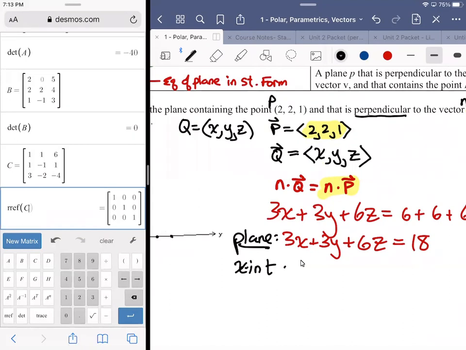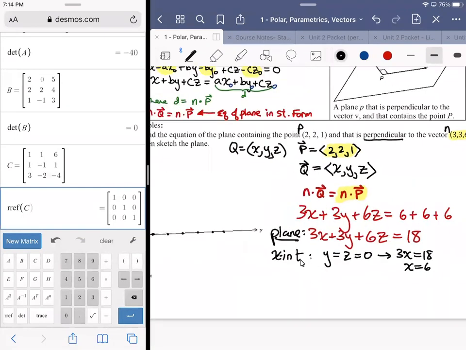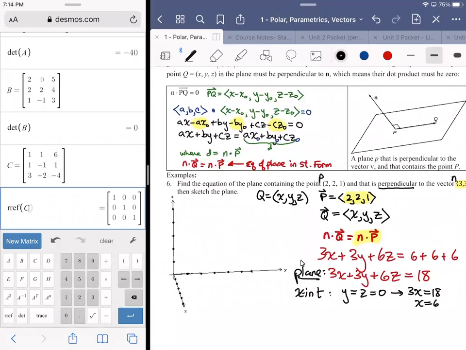The x-intercept happens when y and z are equal to 0. So that collapses my plane equation down to 3x is equal to 18, making x equal to 6. So what I can do is plot 6 points along the x-axis.